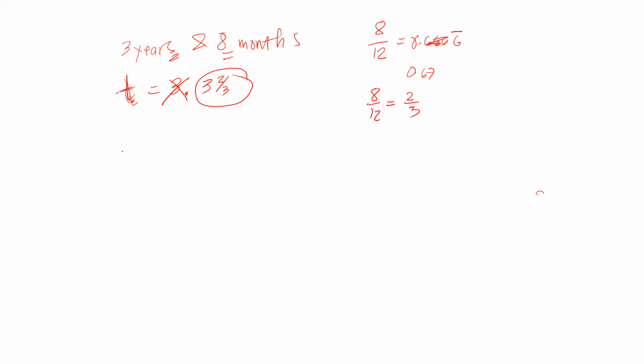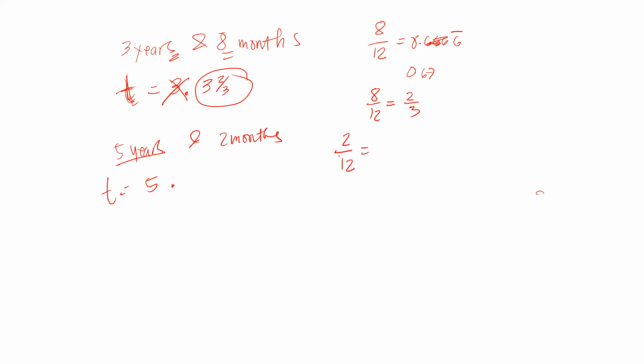Now, for example, you have 5 years and 2 months. Your T is 5 plus 2 over 12.